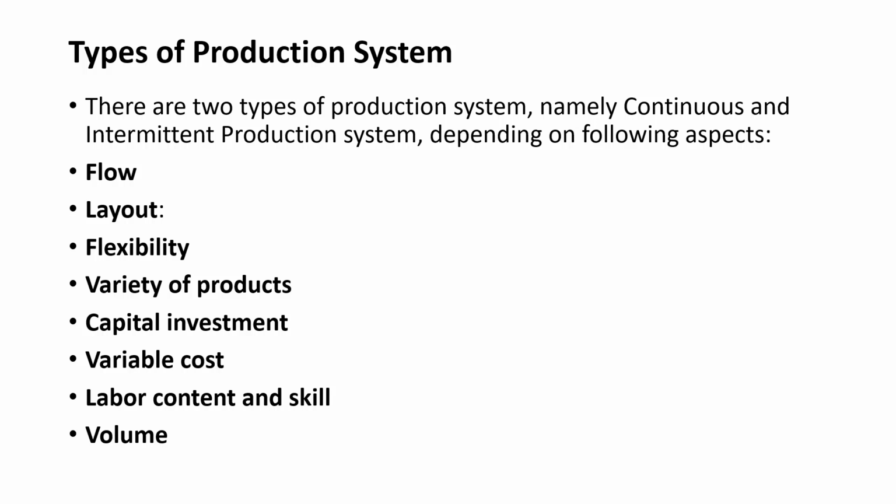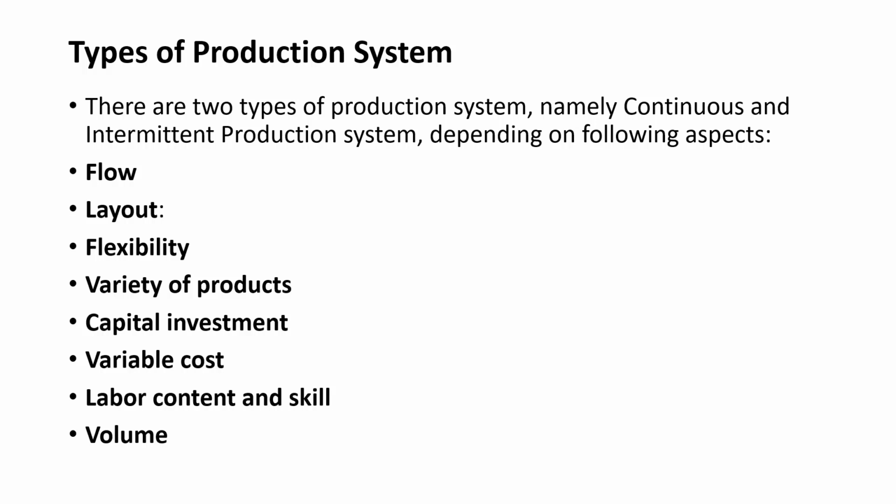Third is flexibility. Flexibility means in regard to allocation of work to equipment and worker. By any chance, if one machine is not working in case of product layout, the entire production line will come to a halt. Or if a particular worker is not present at a particular workstation, then the entire production may suffer. But in case of process layout, flexibility is high.